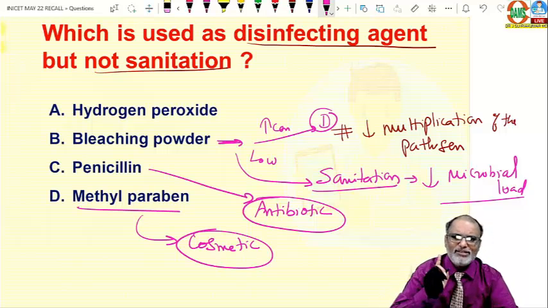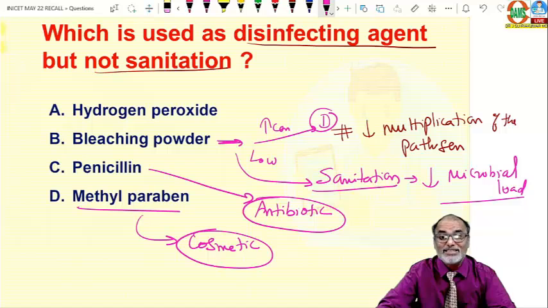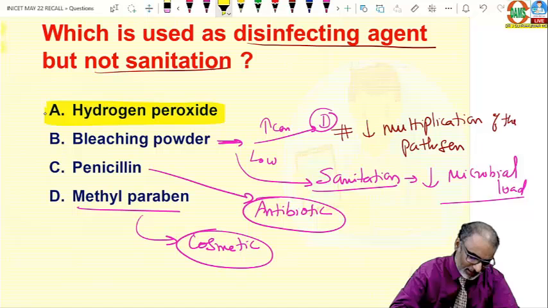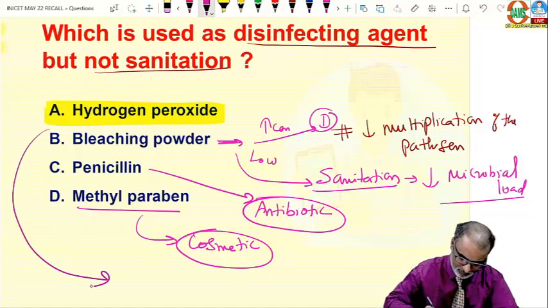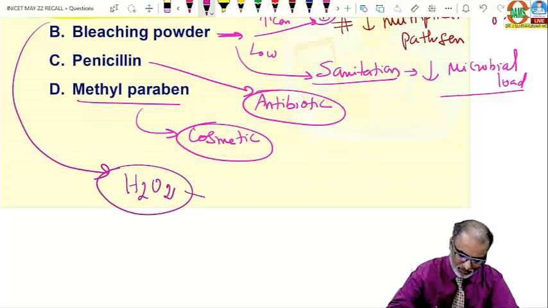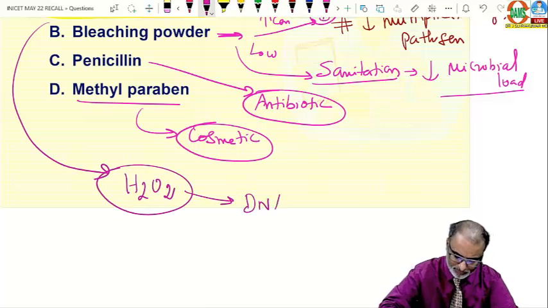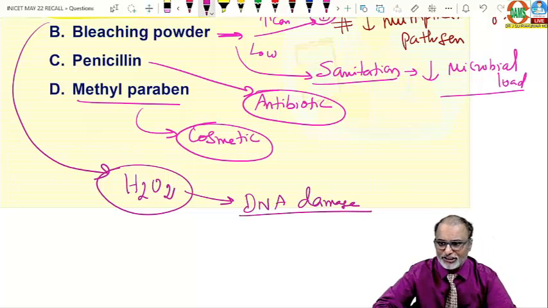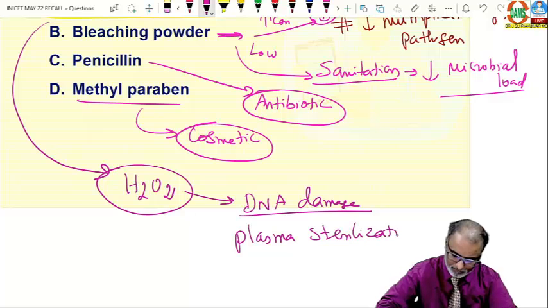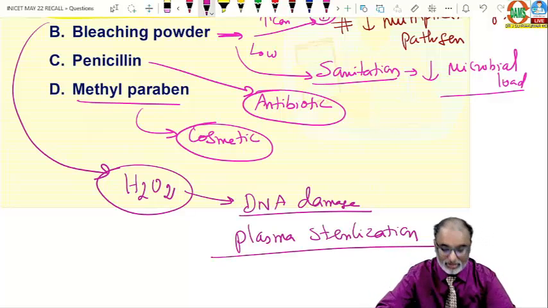So, for very powerful plasma sterilization we are using hydrogen peroxide. It causes DNA damage. Plasma sterilization is based on hydrogen peroxide, one of the powerful disinfection methods.